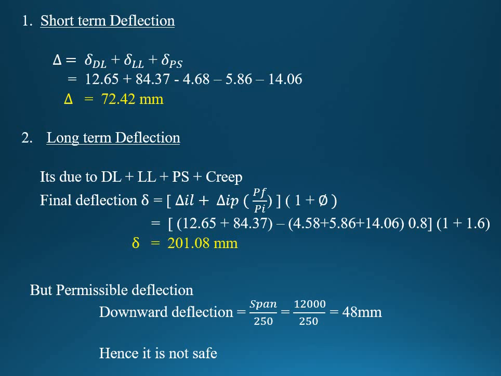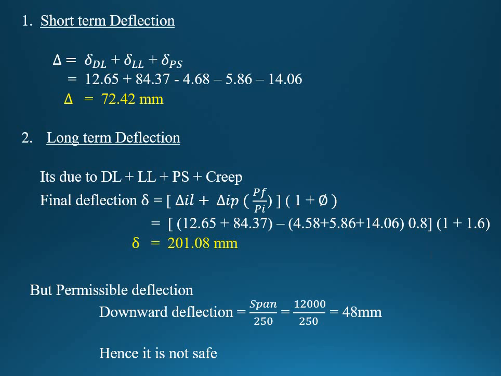Next is delta IP, that is deflection due to pre-stress. As we have got a negative sign for all the 3 values, I have just taken minus as common. So it is minus of 4.58 plus 5.64 plus 14.06 as the deflection due to pre-stress, into PF by PI, which is nothing but the loss ratio.